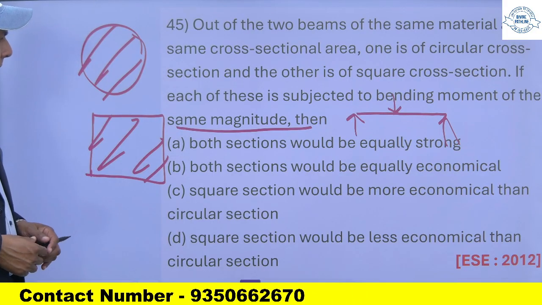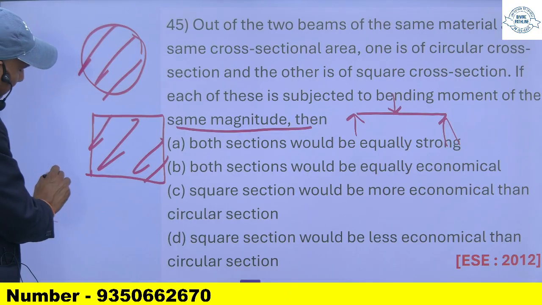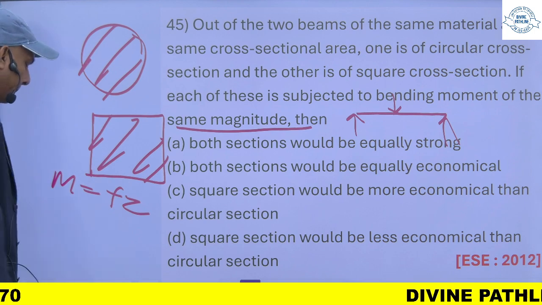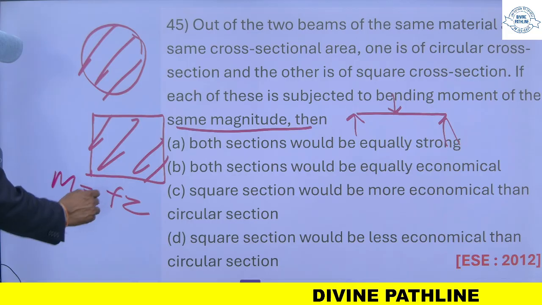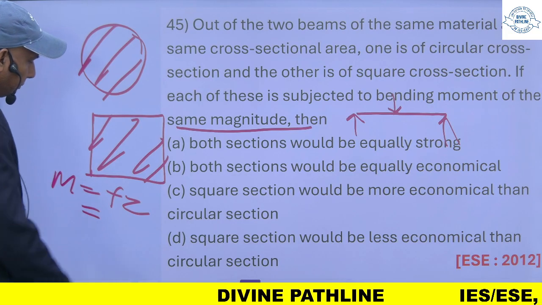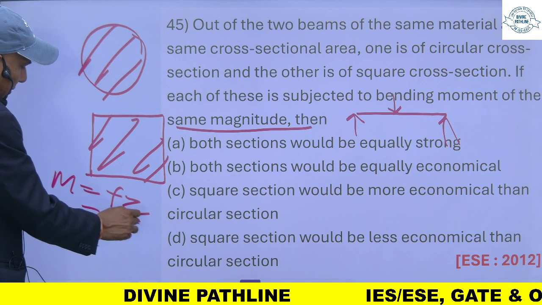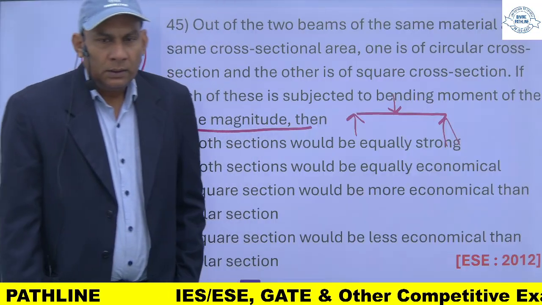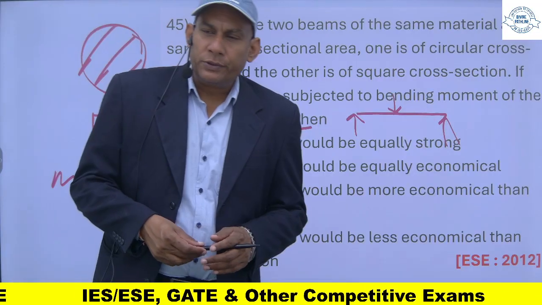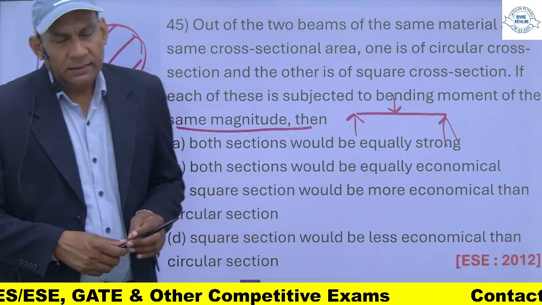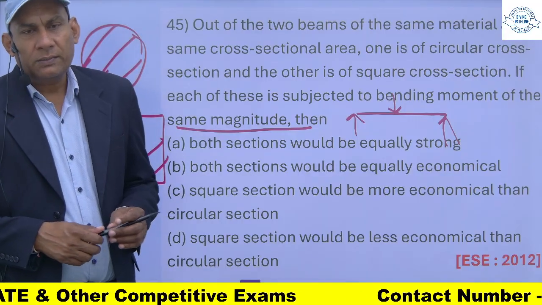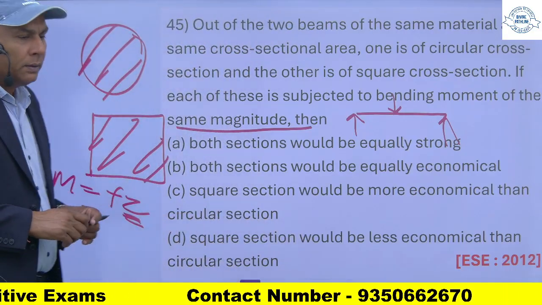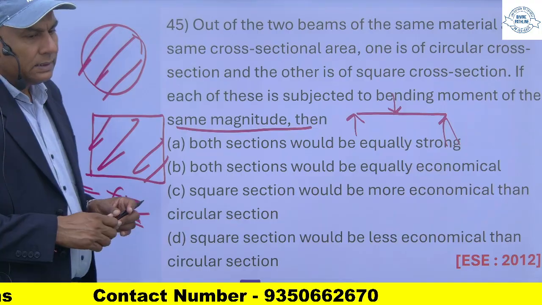As M is equal to Fz, M is the same, but the section modulus of the square section is more. As the section modulus is directly proportional to strength, a beam having more section modulus will have more moment of resistance.